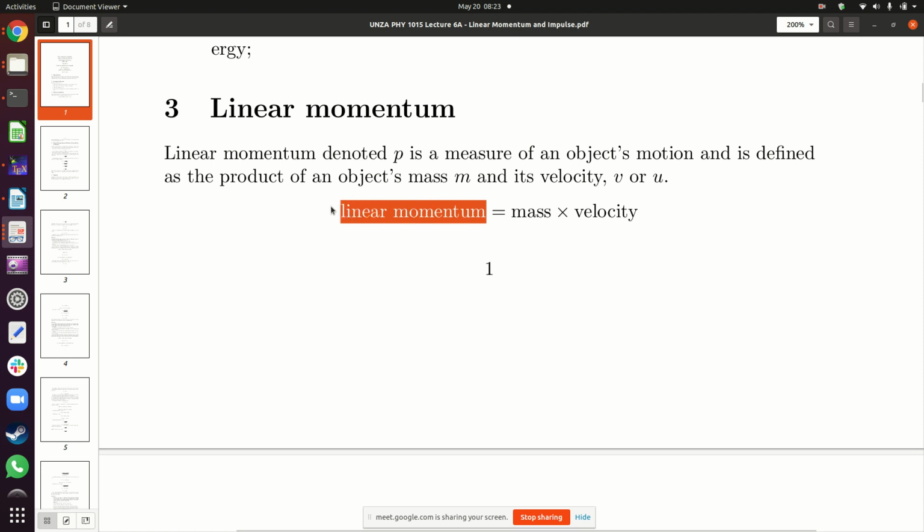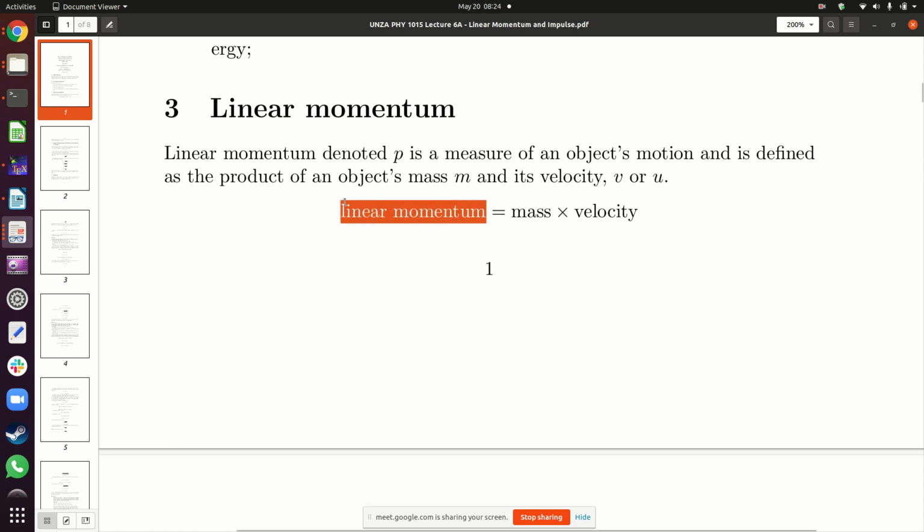Now, how do we know that linear momentum actually gives us a measure of motion? Well, you can look at an example where the velocity of an object is equal to 0. In this case, this particular object is not moving. So if the velocity of an object is 0, you multiply it by the mass of the object and you're going to get a linear momentum equal to 0.